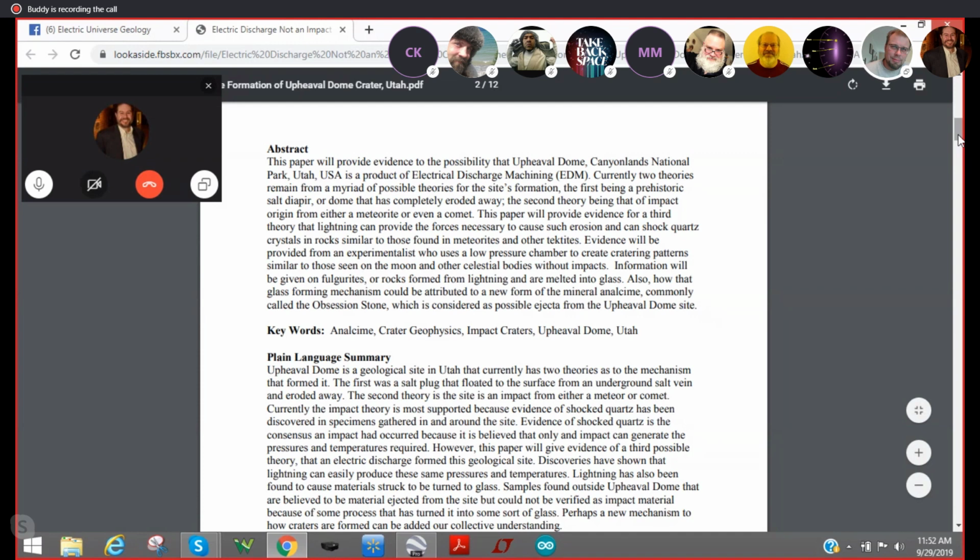It was either a salt dome that pushed up from a salt vein underneath it, floated up to the top, and then completely eroded away, or it's an impact site, and the science today is leaning more on the impact site because they found shocked quartz, which is their telltale sign, because they say that only an impact of such force can cause pressures to fracture quartz. That's what they look for, and I think Gene Shoemaker was the one who discovered that kind of process. I've heard from somewhere that they attributed that to him.